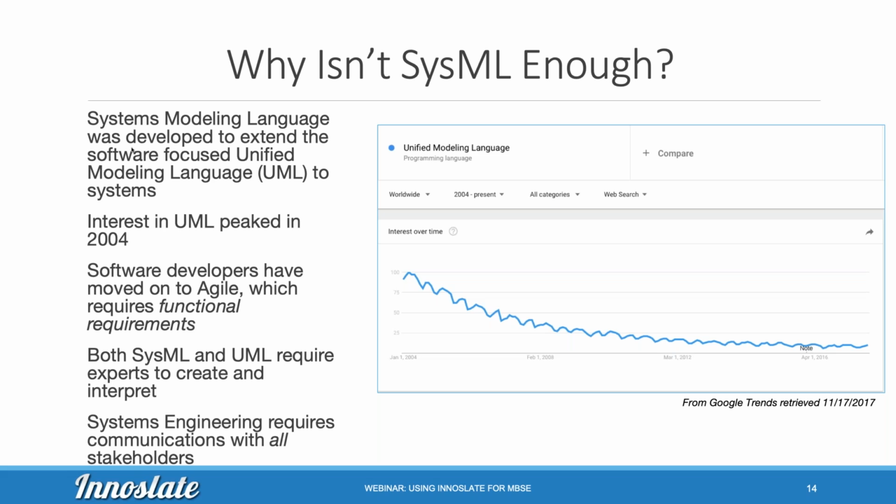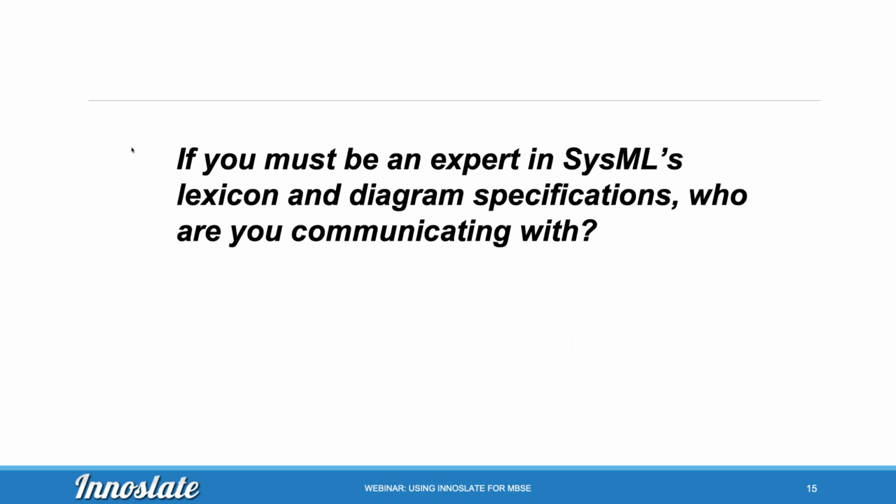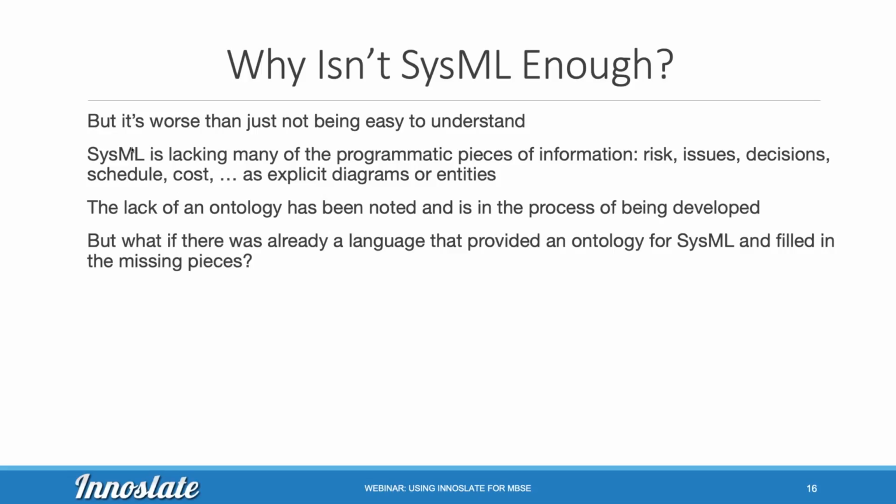So we weren't communicating to all the stakeholders, which of course is a requirement for systems engineering. So if you must be an expert in SysML's lexicon and diagram specifications, who are you communicating with? I claim almost nobody.